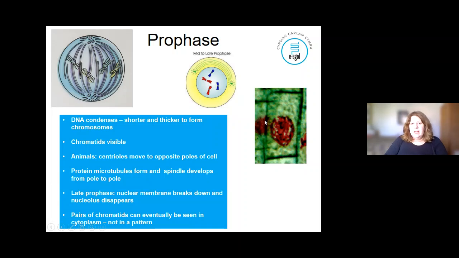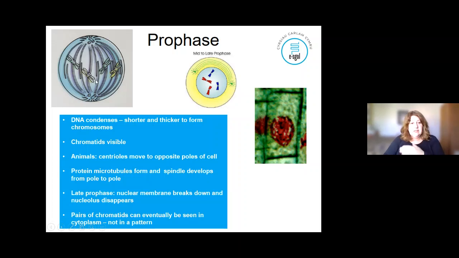Now, in an animal cell, you will also notice, as you can see in this middle diagram here, that there are centrioles, and they will move to opposite poles of the cell, and they will begin to develop a spindle. So this is where it begins. You'll see later on in prophase, this is more of a middle prophase here, whereas this diagram over here is a late prophase because the nuclear membrane has completely broken down.